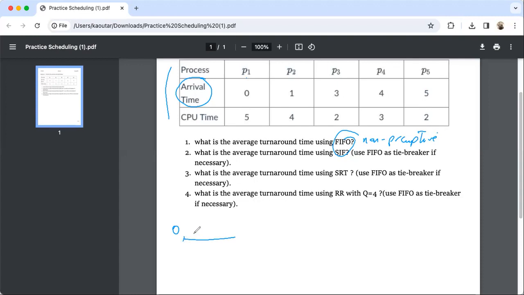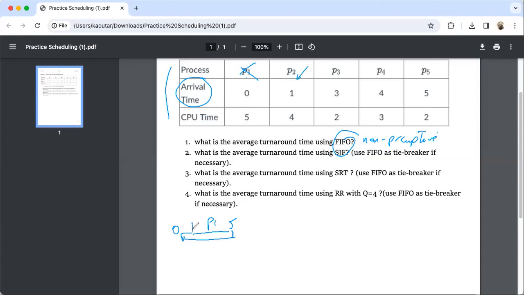So at time 0, process P1 starts executing, and it needs 5 units. So from 0 to 5, P1 executes. The next one is P2. P2 arrived at time 1, right?